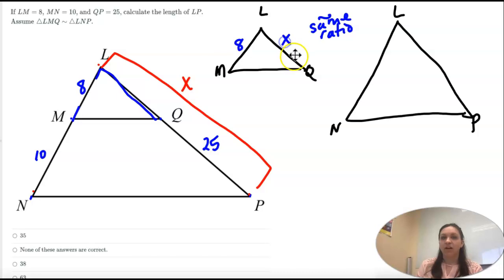I'm going to call that our X for this one, because L to N is 8 plus 10, which is 18.